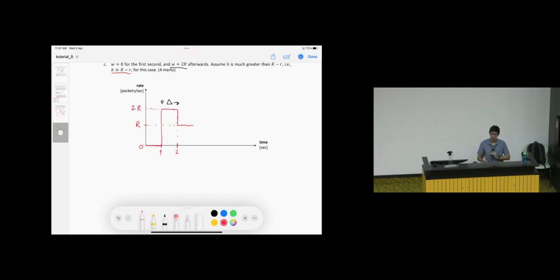But that R rate will also not last to eternity, because my long-term average rate is regulated by the leaky bucket of rate small r. So eventually, that will cause me to drop my rate to small r.